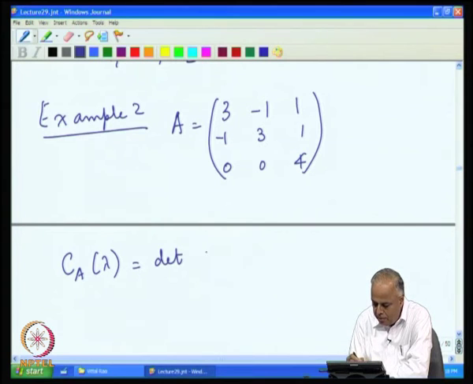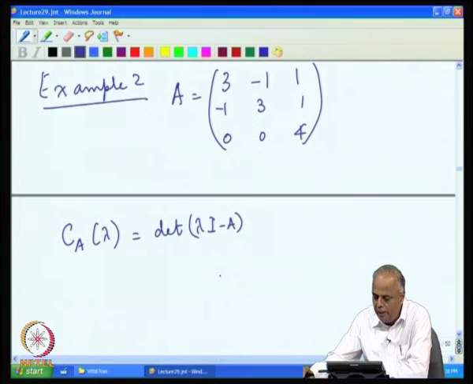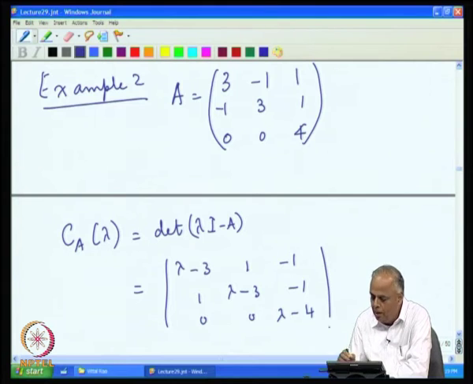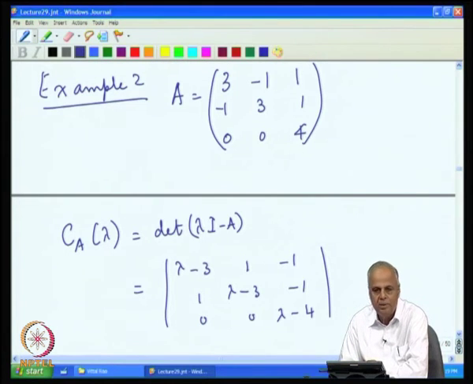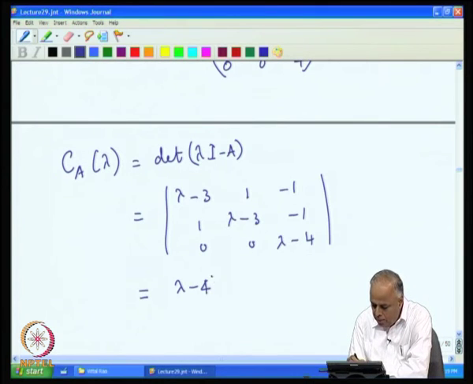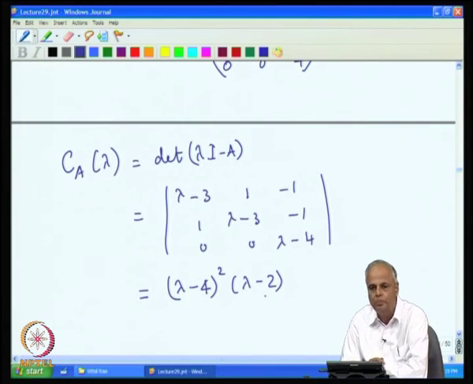That is the determinant of lambda I minus A. Now, if I write lambda I minus A, I have to negate A and then stick a lambda along the diagonal. If we expand this determinant, this turns out to be lambda minus 4 whole squared into lambda minus 2.